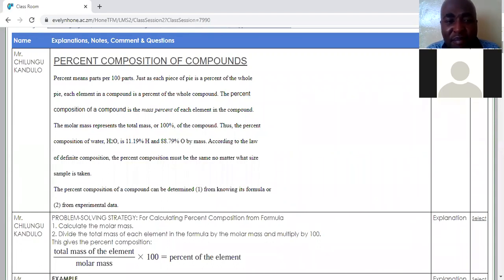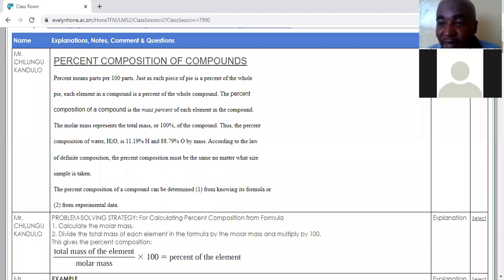This is very simple. Everywhere you see percent, for a compound, if it's percent by mass, which is usually the case, sometimes in chemistry we even say percent by weight.